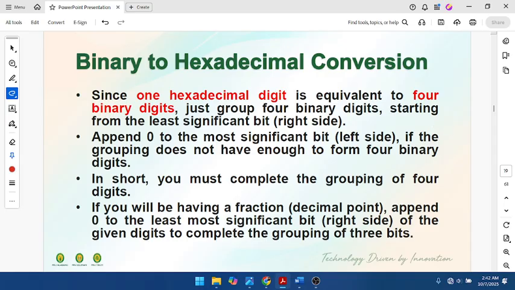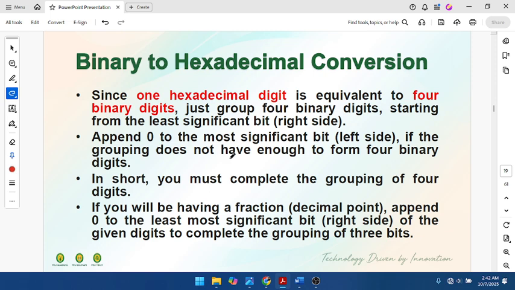Okay. So, binary to hexadecimal conversion naman, one hexadecimal digit is equivalent to 4 binary digits. Take note, no? Just group the 4 binary digits starting from the least significant bit on the right side, and we also append zeros to the most significant bit on the left side.